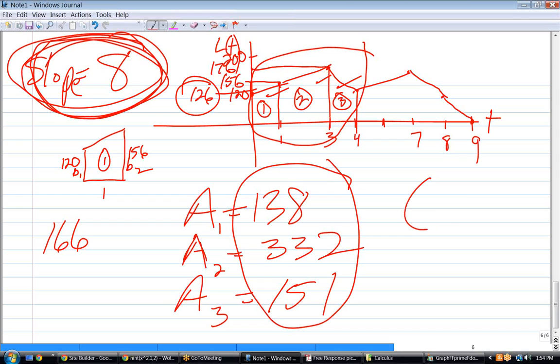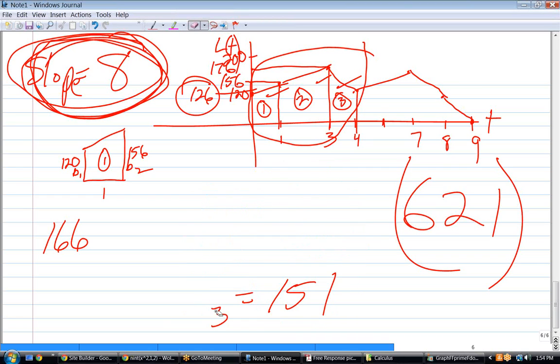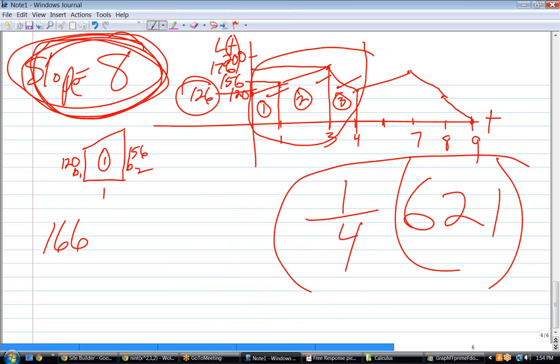Looks like 621 maybe? Yeah. Okay. And we need to multiply the area under the curve times 1 over b minus a, which is 1/4. So there is your average value.